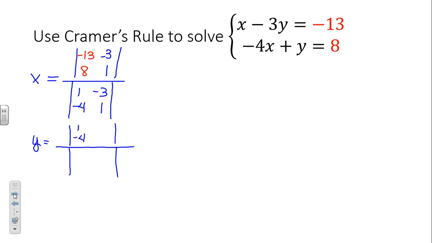And what goes in my second column? And then we write out our coefficient matrix. All right, evaluate those determinants for me.